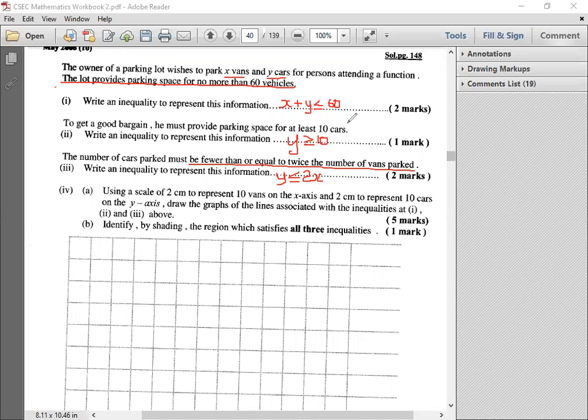Remember, when you have fewer than, it means less than or equal to.